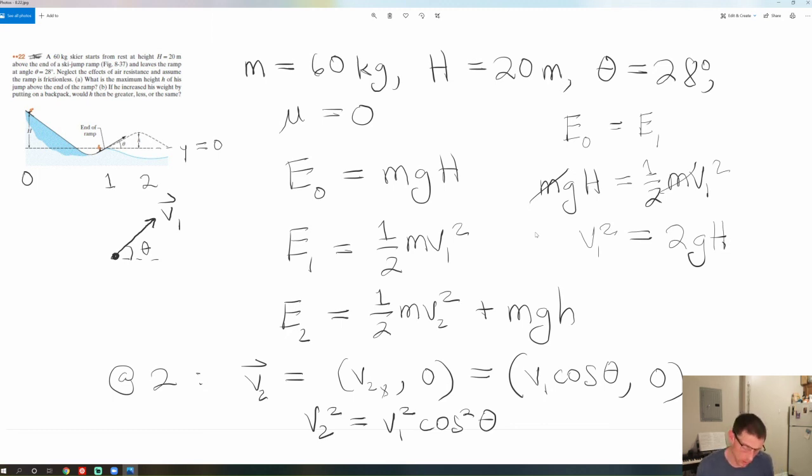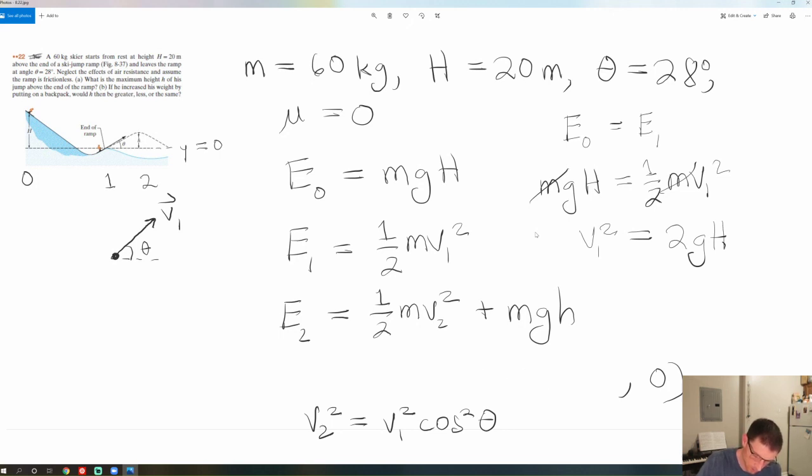So what we can do is, I'm going to get rid of this stuff on the bottom here. Maybe I'll leave the v2 thing there because we should remember that. And now what we find is substituting in, basically taking this here, okay, so we're going to equate E1 and E2 now.